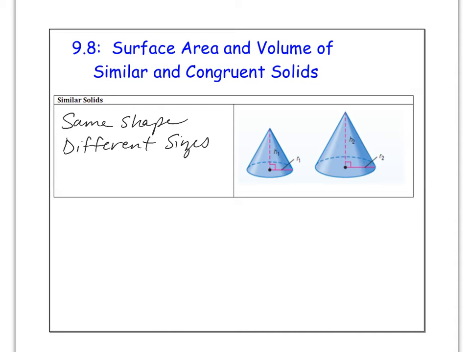And then I want you to remember this, jot this down too. The ratios of corresponding lengths are congruent. Not the actual shapes, but the ratios of their different lengths.